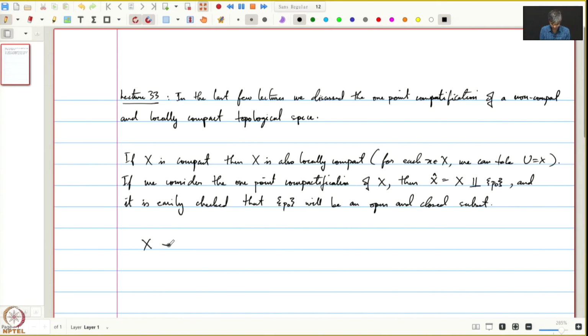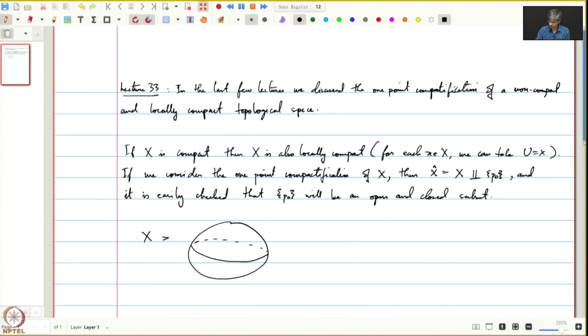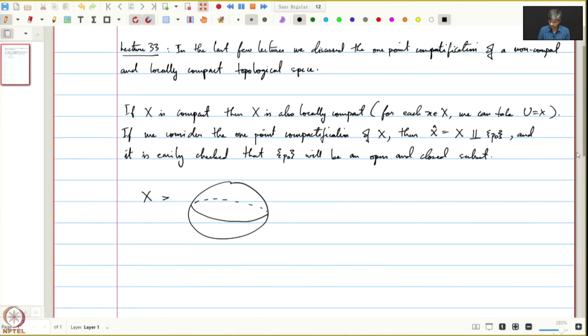So if our X is, for instance, the sphere, which we know is compact because it is closed and bounded inside R3, then X hat will simply be the sphere disjoint union a point away from this.